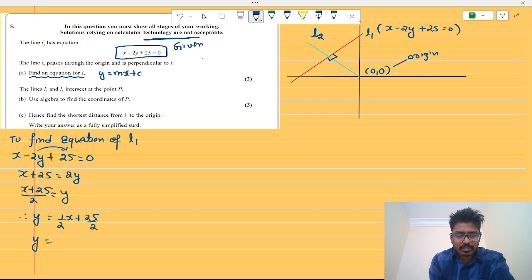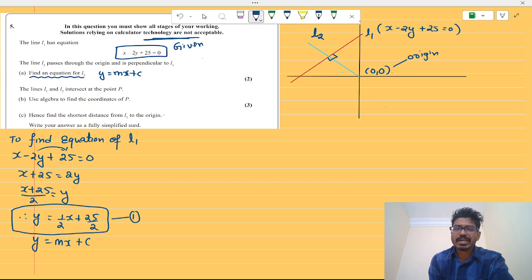So we can compare this equation of line L1 with y equals mx plus c, which is the standard equation for the line. We can say that the slope of the first line, which is the gradient m1, is equal to half.